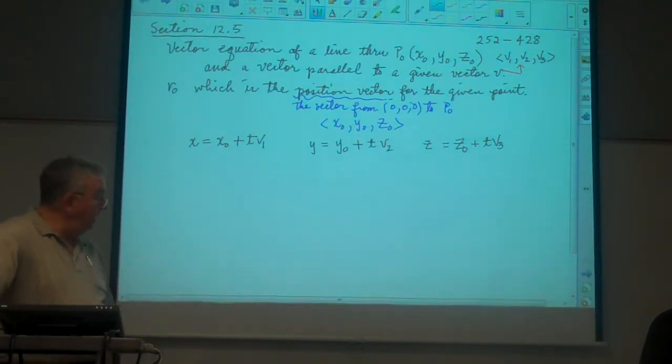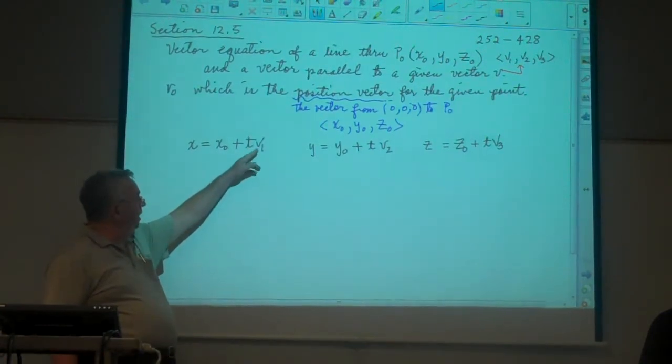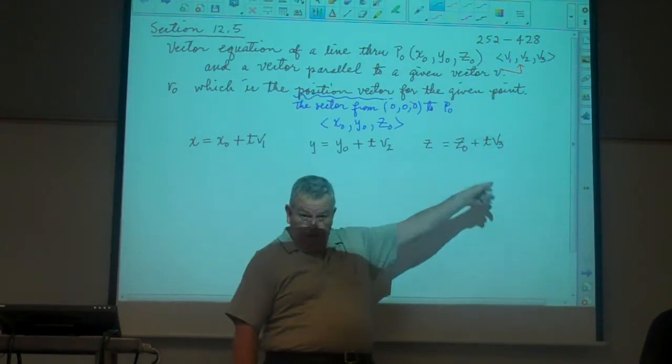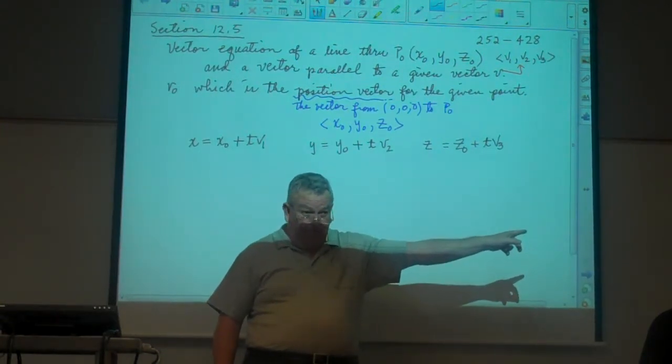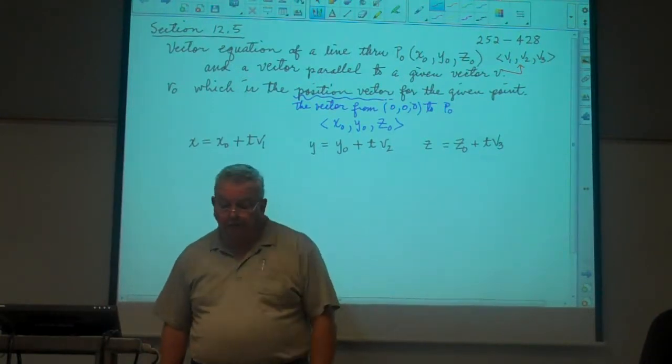And you have defined the line. And if you wanted to badly enough, you could get rid of those parameters. If you told me to get rid of the parameters, I'd solve for t in this equation, and then keep substituting and eventually get rid of the parameters. Okay?